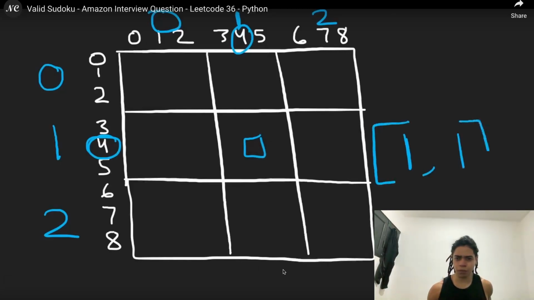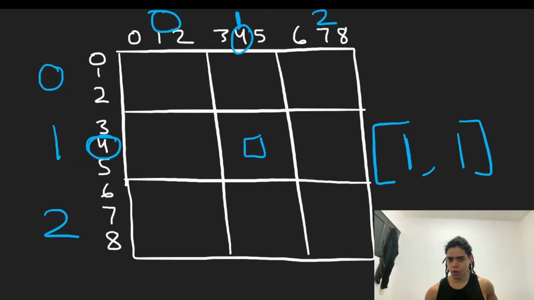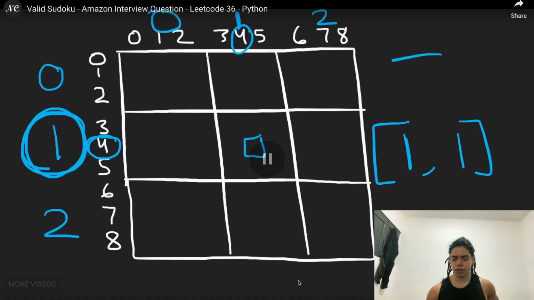If we take the actual coordinates, 4, and do integer division by 3, we get the index for the row and column. That's the reason why we are dividing by 3.